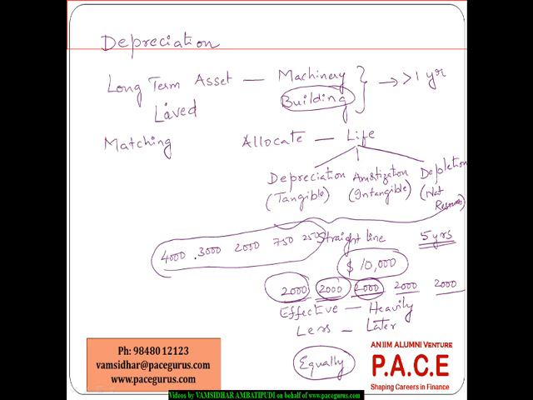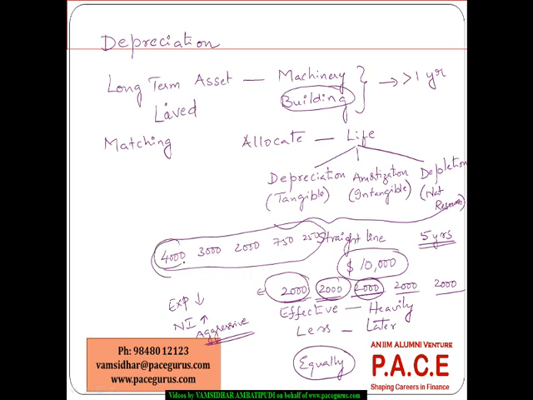This is more appropriate in some cases from a better matching perspective. You can clearly see that if I am using straight line, in the initial years the depreciation expense is much lesser, so net income is much higher, which means there is an aggressive recognition of the net income.